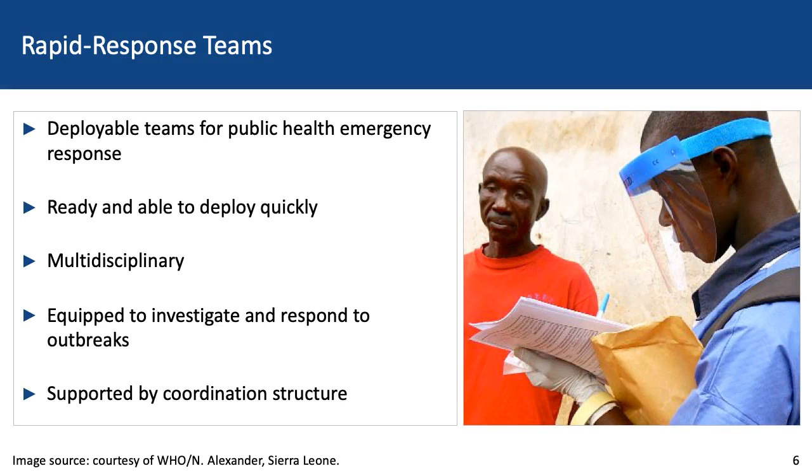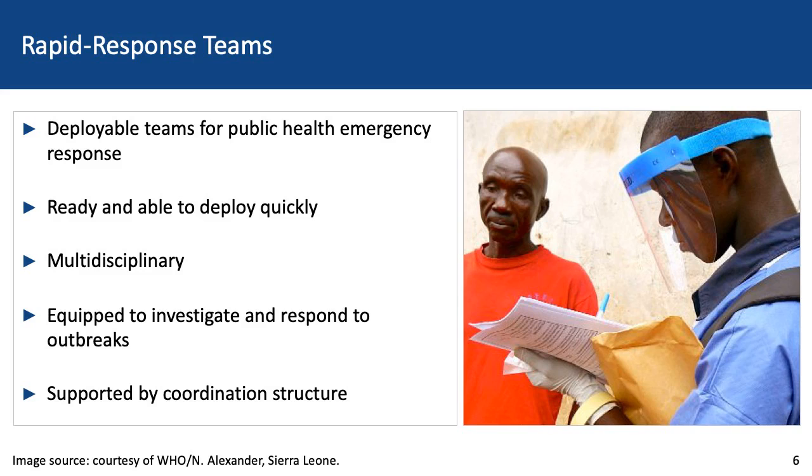Rapid response teams are an important resource in accomplishing the strategies already mentioned in this section. They are deployable teams for public health emergency response. By definition, they should be prepared, ready, and able to deploy quickly. Rapid response teams are typically multidisciplinary. For example, they may include a surveillance officer to collect information from the case, a laboratory technician to collect specimens, and a communications team member to address community concerns, among other roles.